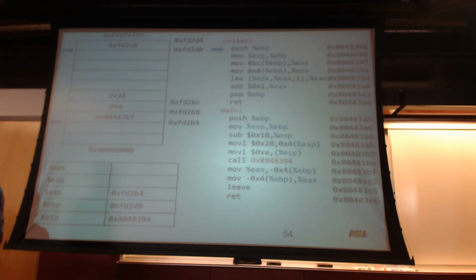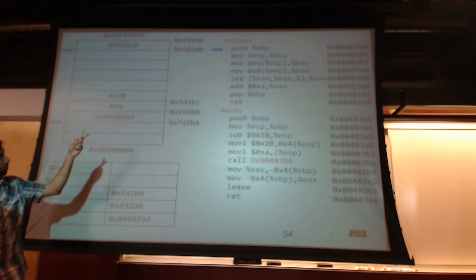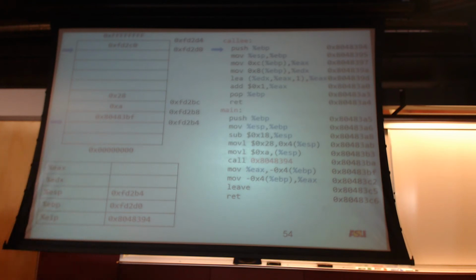The first responsibility is it has to take the previous frame pointer and put it into the stack. Right? That is the first responsibility. So it pushes EBP. What is the stack pointer now? Stack pointer is FD2B4. So if it wants to push it, it has to decrement the stack pointer.